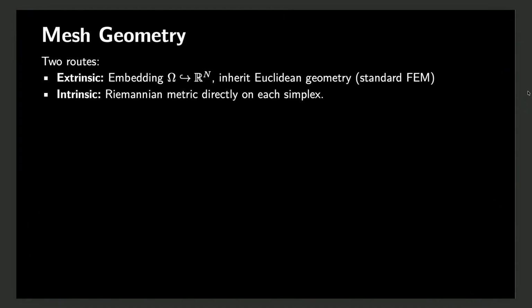We can introduce some geometry. Initially, we removed the coordinates for the simplices. We could now use an embedding separately, but this is not what we want to do, because we want to do geometry intrinsically. And so instead we just use a Riemannian metric that's defined on the simplices.